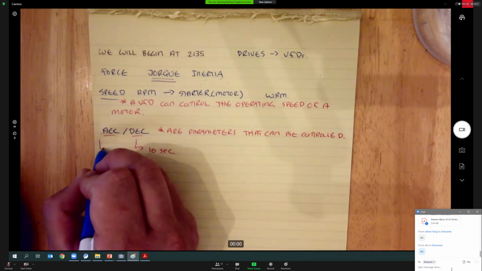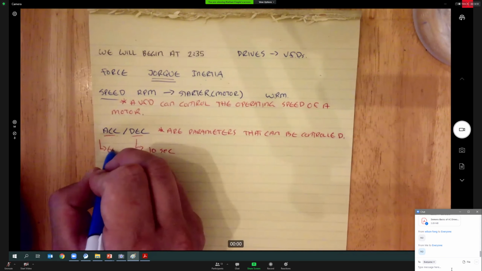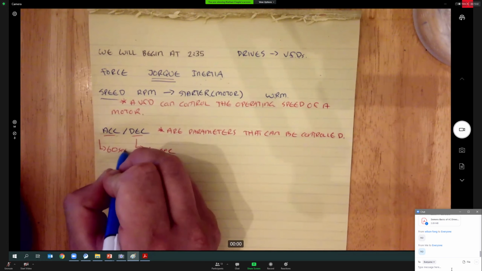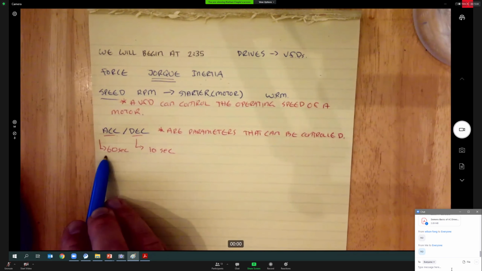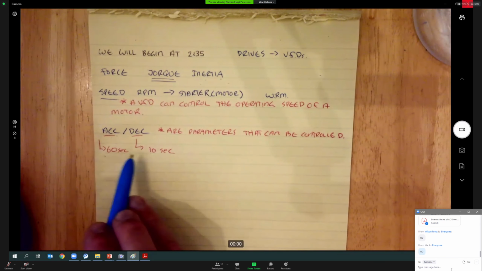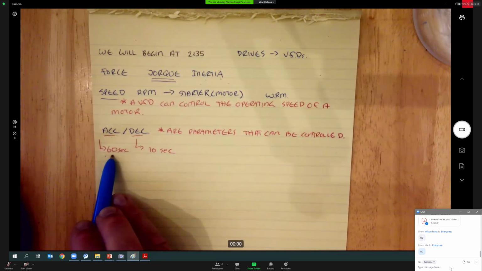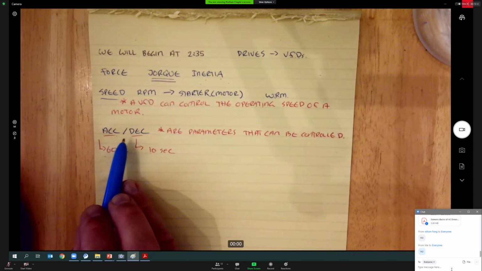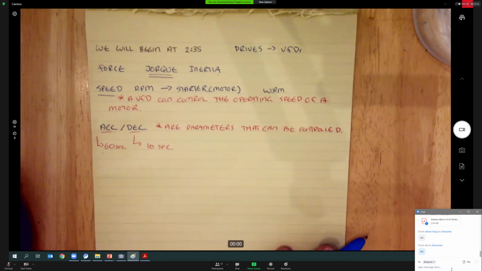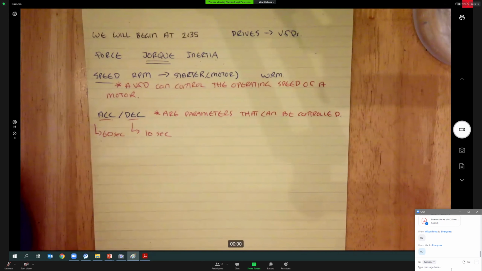Let's say we want to accelerate. Maybe it's a really very heavy, high inertia load, and we actually want to take 60 seconds to accelerate. The variable frequency drive will do this. While we're controlling the rate of acceleration and deacceleration, the drive can also control the torque characteristics.